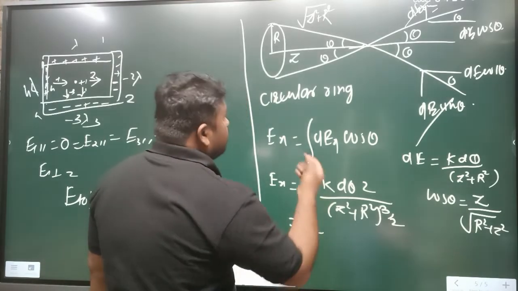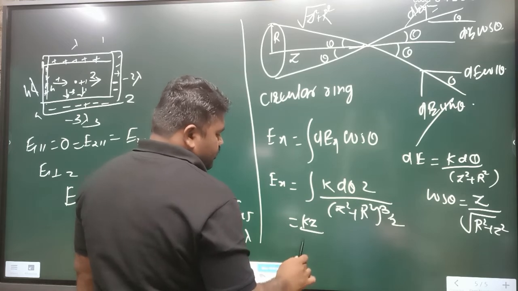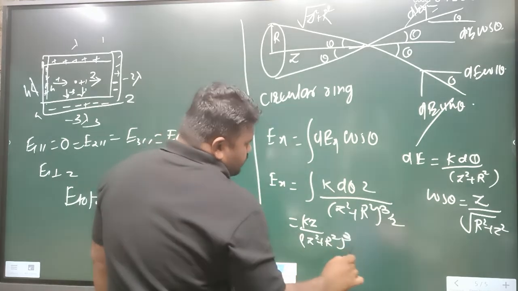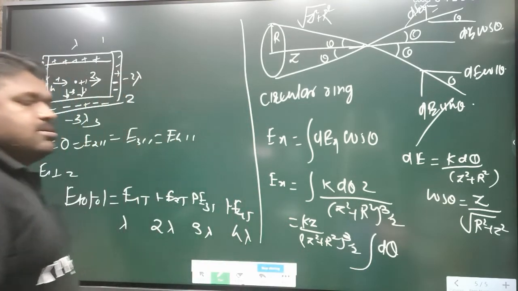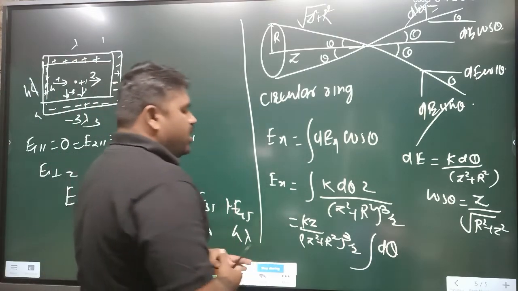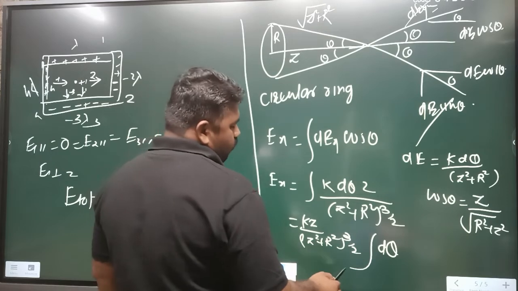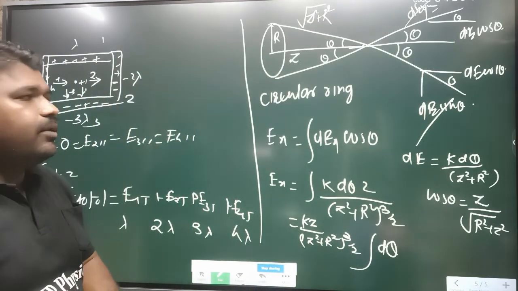Next, r is constant, this is a fixed form, the whole circle. Yes or no? And z square plus r square bracket to the power 3 by 2 is also constant. Integration dq: constant or variable? Variable. q varies from 0 to 2 pi.